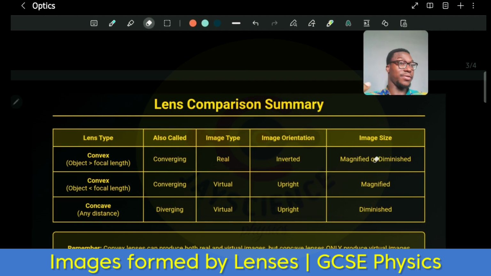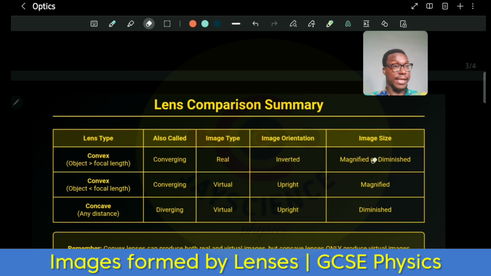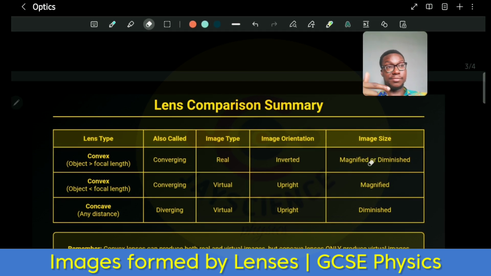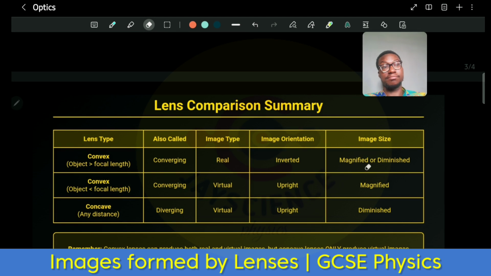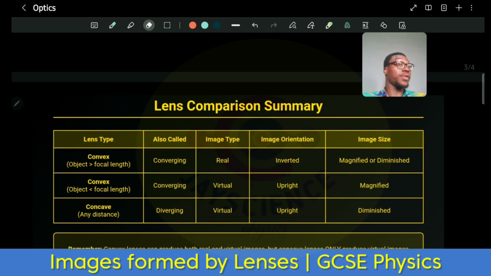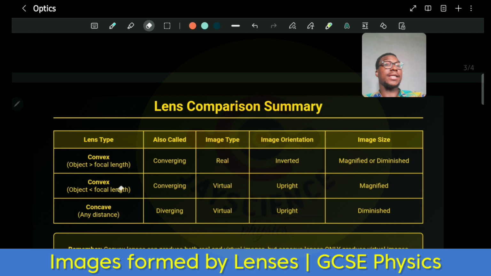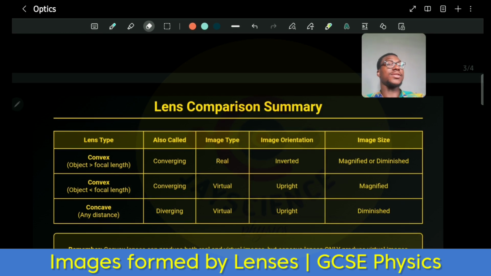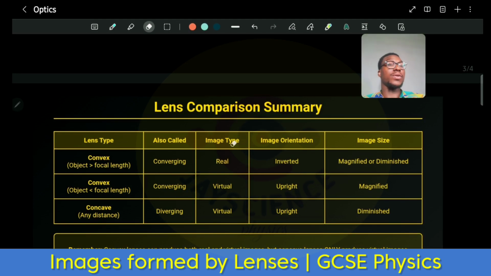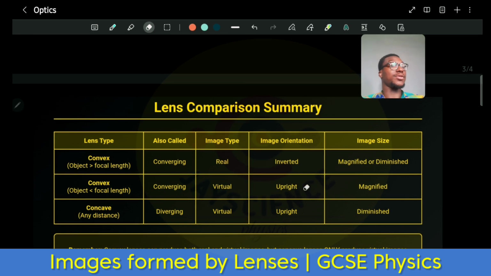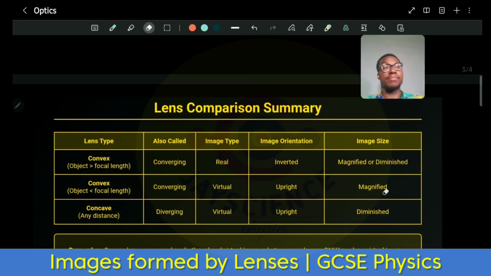And in real fact, the closer your object is to the lens, the more magnified it becomes. Keep that in mind. That is for convex. And then when you move it at a distance lesser than the focal length, your image will be virtual, it will be upright, and magnified.